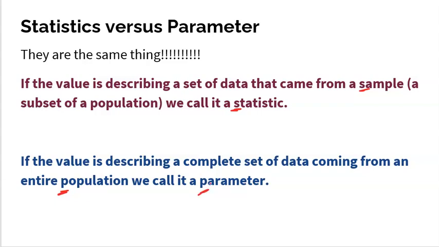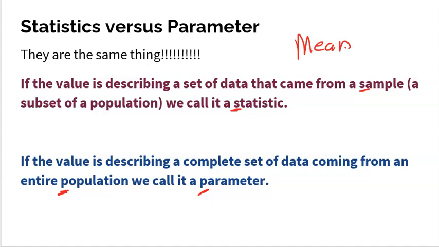I'll just give a really quick example here. The mean, right? Everybody should know what the mean is. We're going to talk about it in this video, but the mean is the average of a set of data. If it's a sample of data, like just looking at 10 high school kids, then the mean is going to be a statistic because it's the mean of that sample.